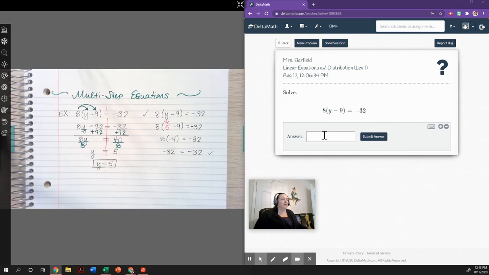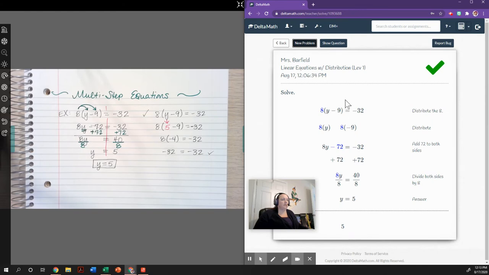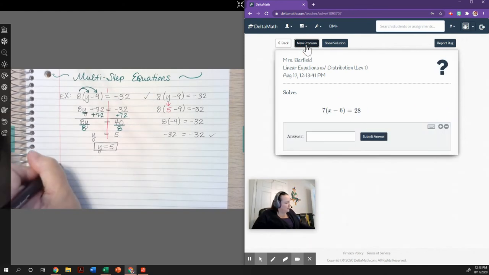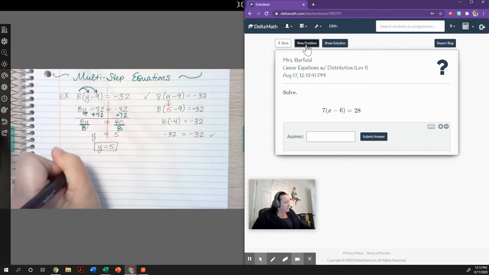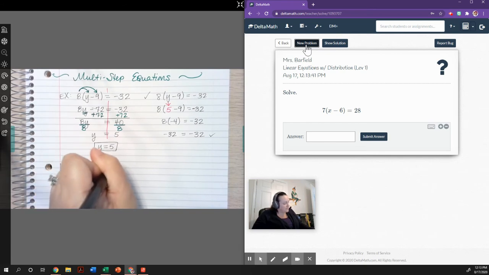All right, so if I go up here to Delta Math, I type in 5, because remember, I have to type in y equals. There you go. New problem. Let's do this again. So we've got 7 times parentheses x minus 6 equals 28.